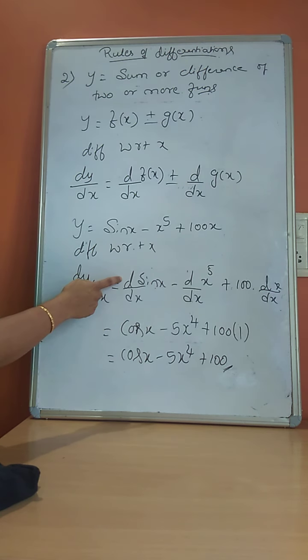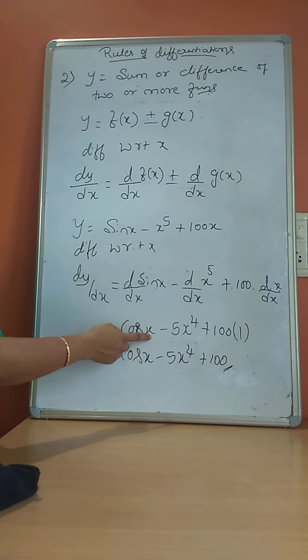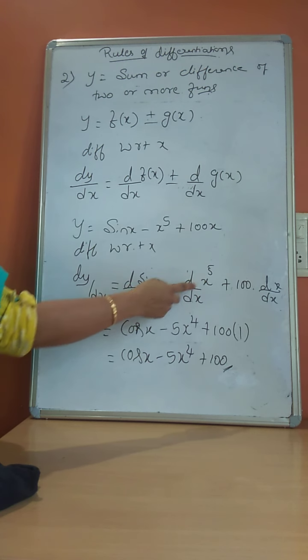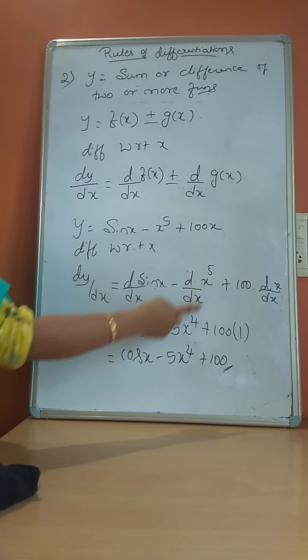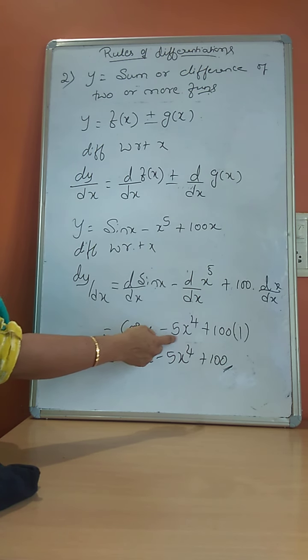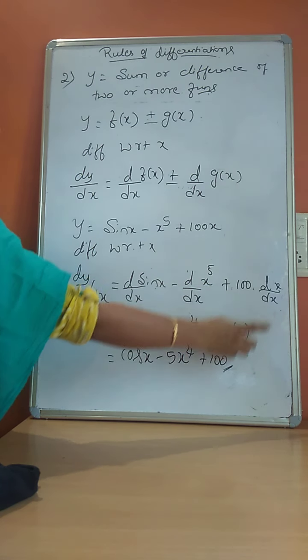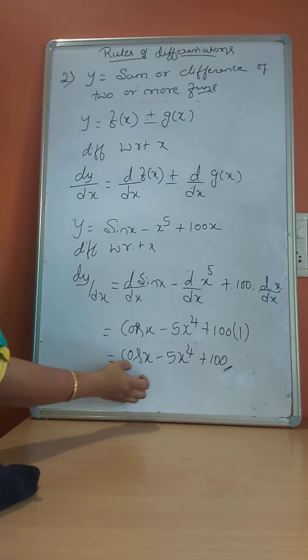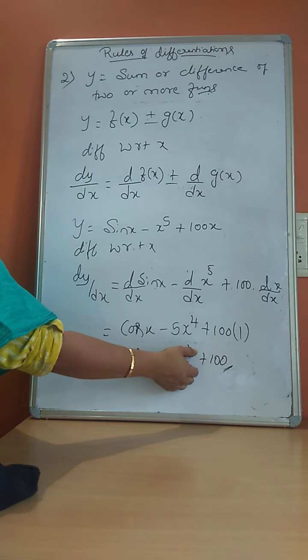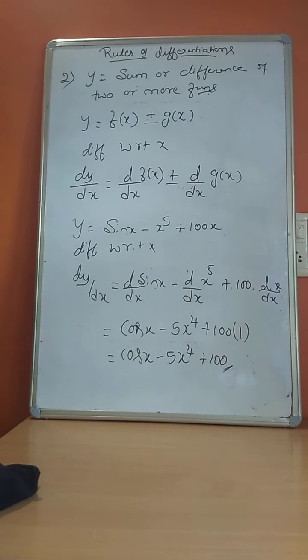The differentiation of sin x is cos x, minus 5x to the power of 4, plus differentiation of x is 1. So cos x minus 5x to the power of 4 plus 100. Okay, do you understand?